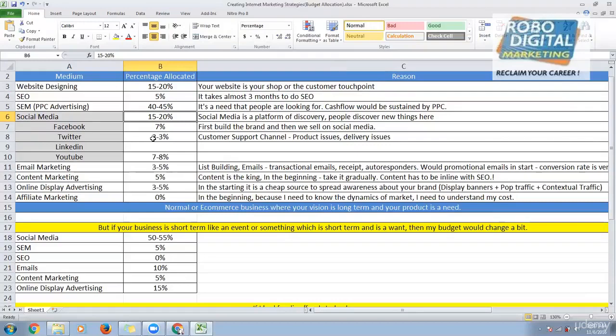Next one is email marketing. As we are starting our business, we don't have a very big email list with us. Okay, so we do not require that. Second thing, email is a very cheap thing.